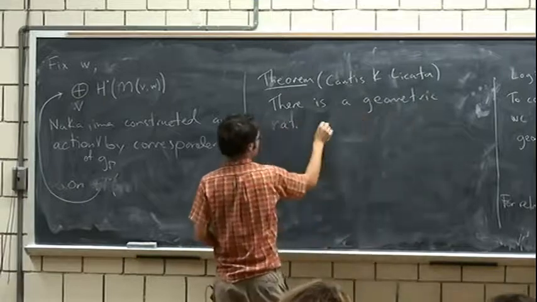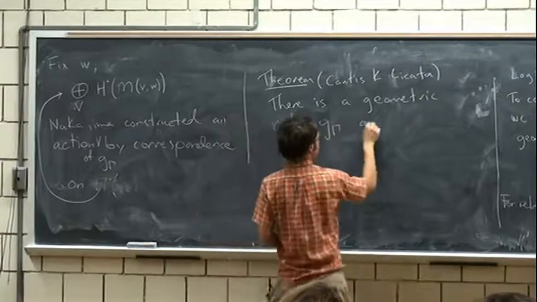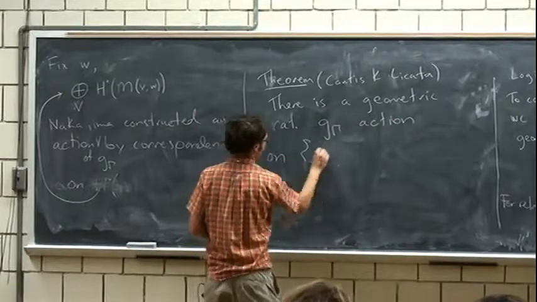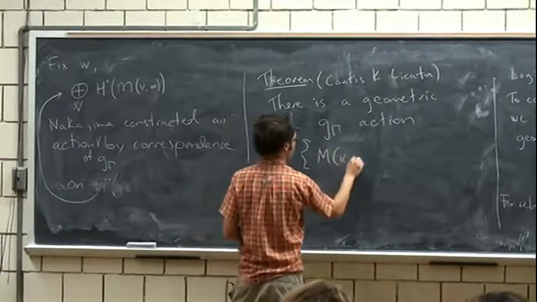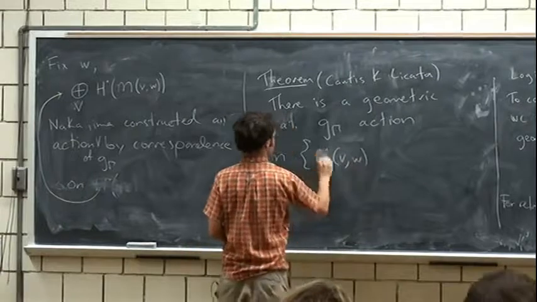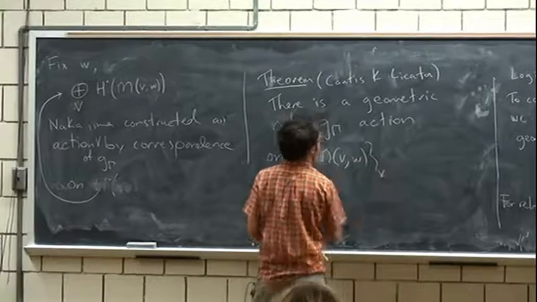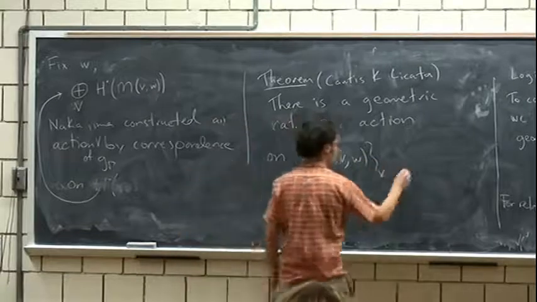So there is a categorical g_Gamma action on the collection of these varieties, where W is fixed and V varies.